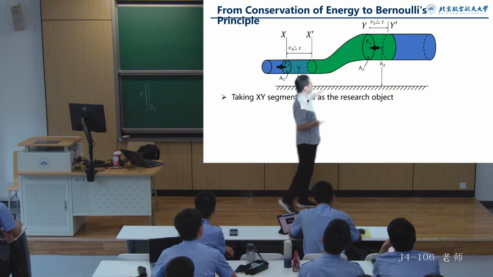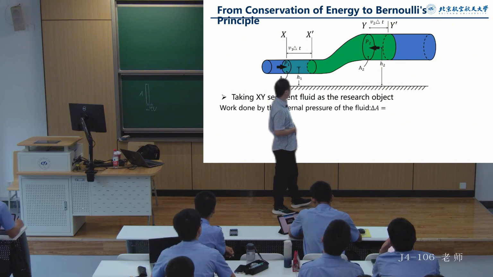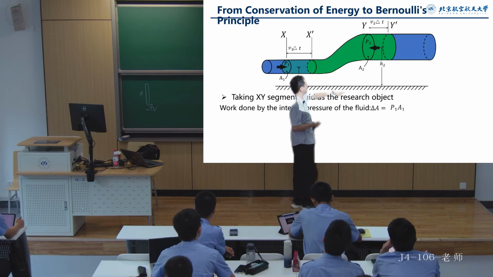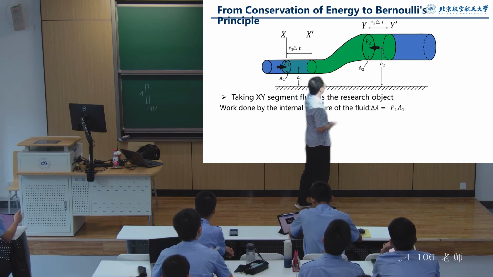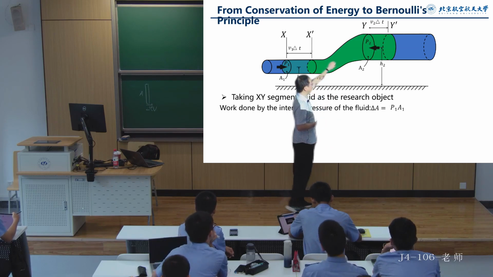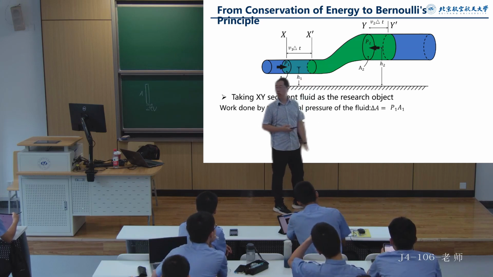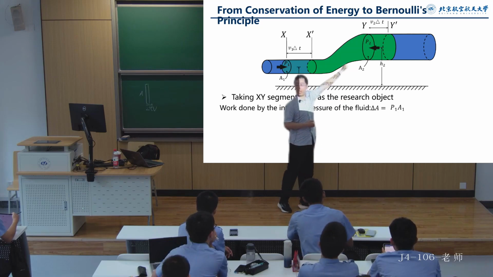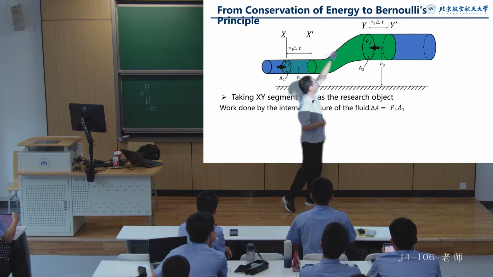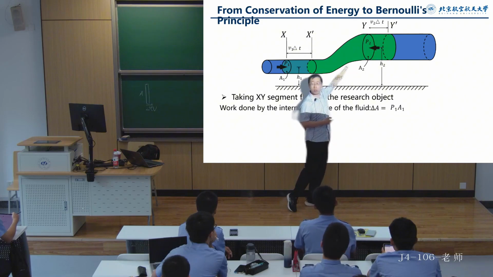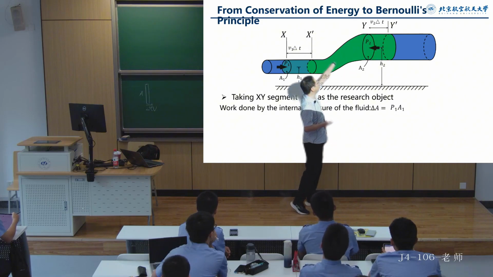Force multiplied by displacement, right? So we should be doing positive work, and the work should be force, which is pressure, multiplied by area, correct? How far does the positive work go? It should be this segment at point x, right? So it should be v1 multiplied by t.